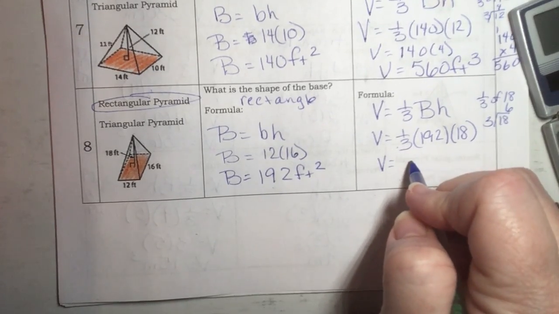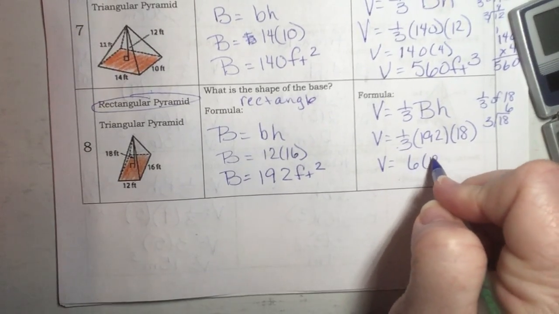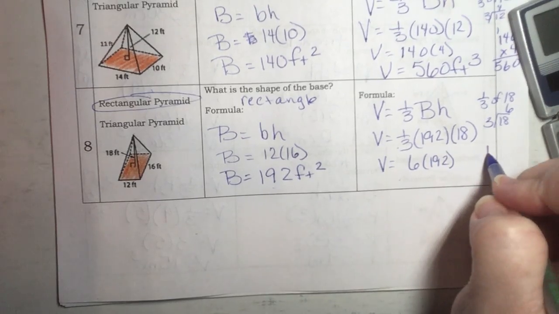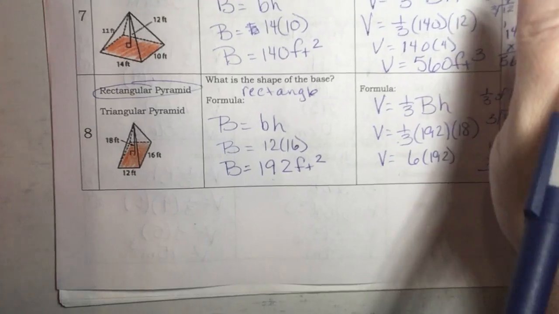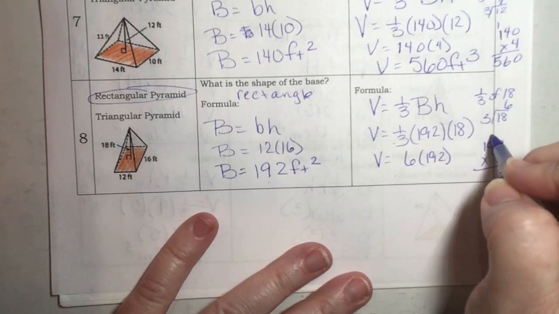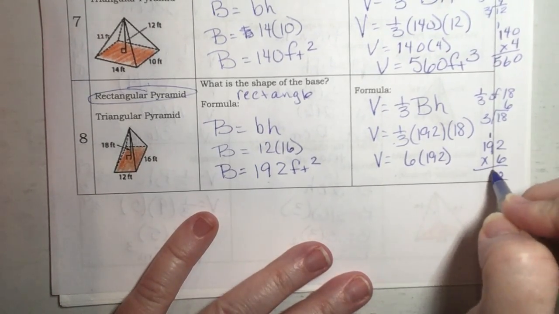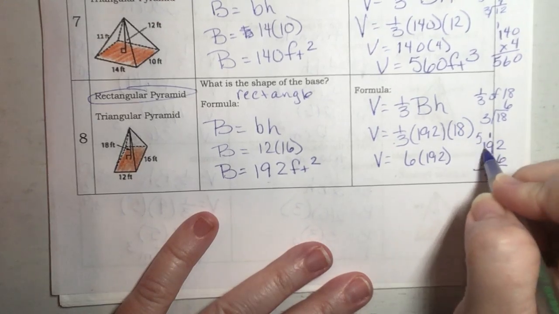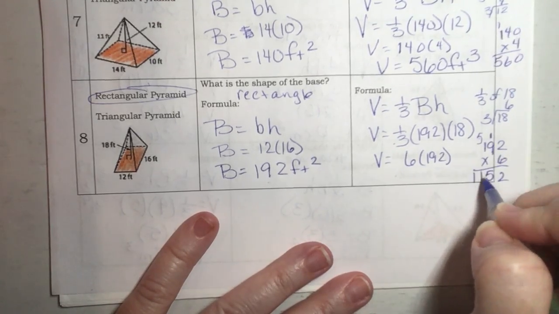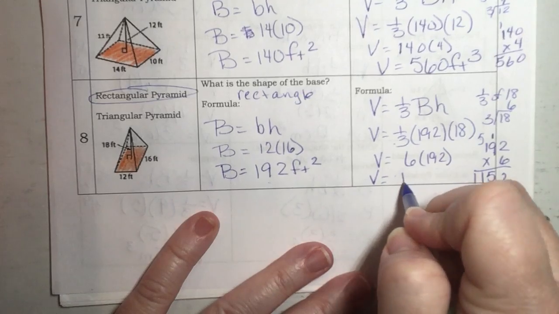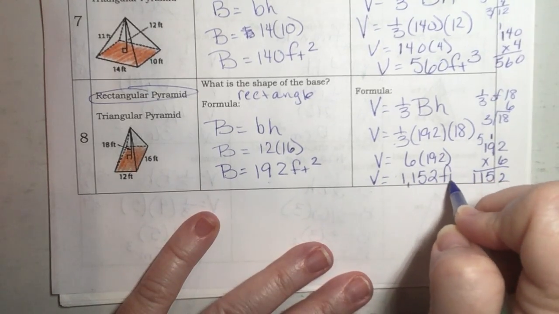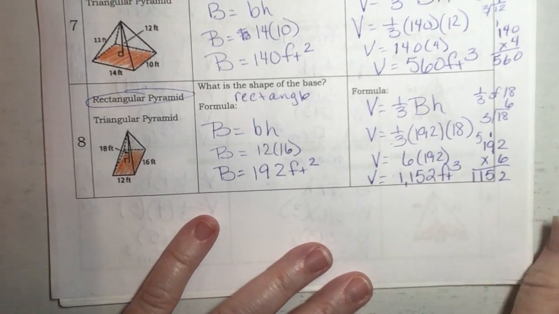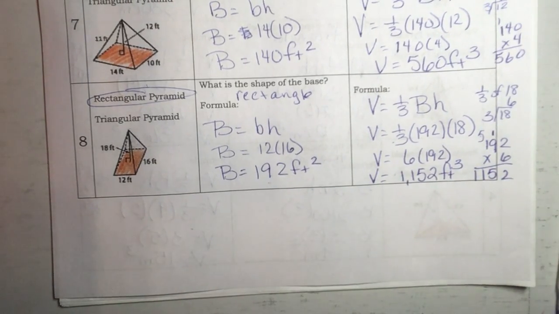So I'm going to take 6 times 192. So our volume is 1,152 cubic feet. Okay, make sure you send me a picture of your completed paper.